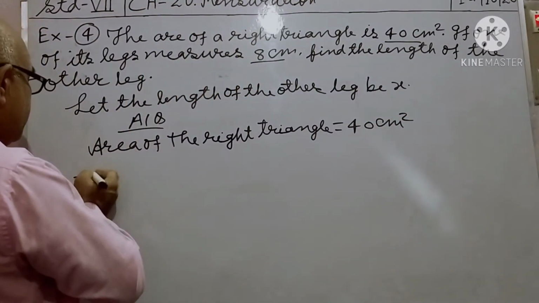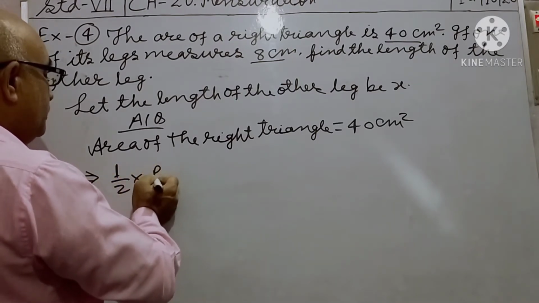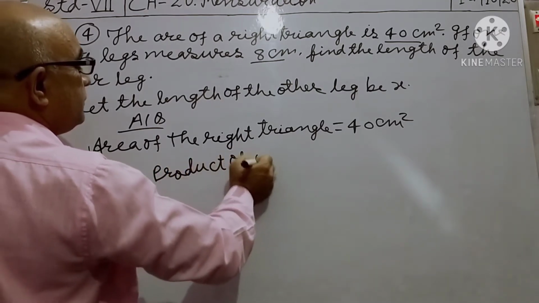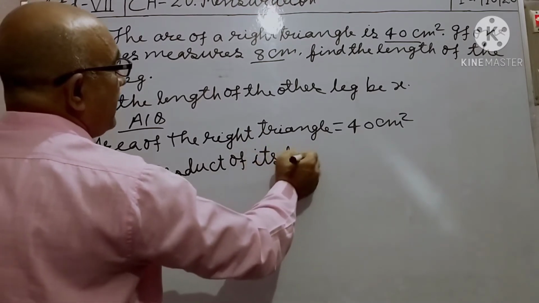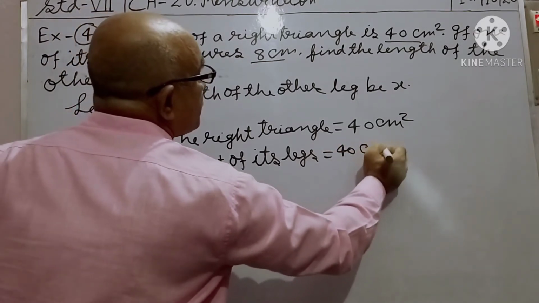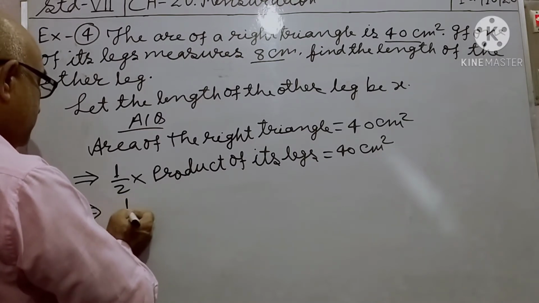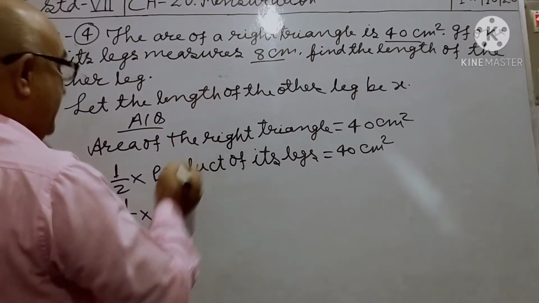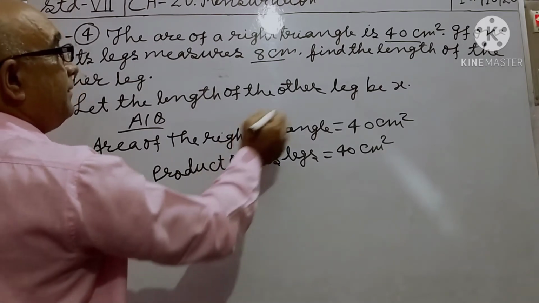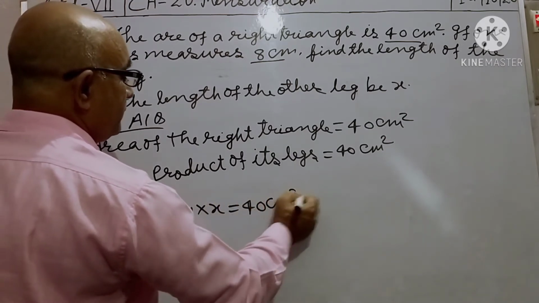That implies formula is 1 by 2 into product of its legs equal to 40 cm square. That implies 1 by 2 into one leg is 8 cm into other leg is x equal to 40 cm square.